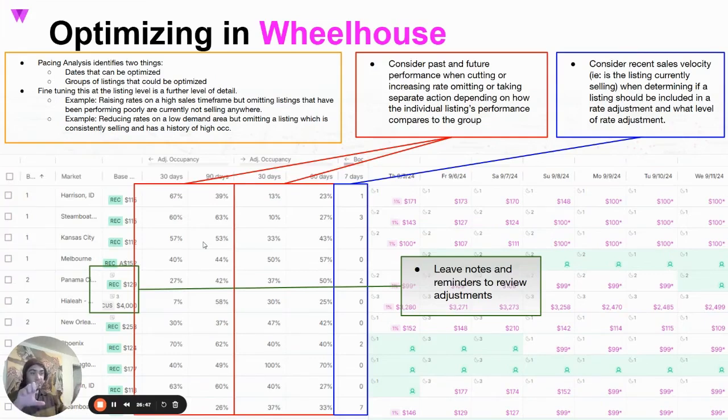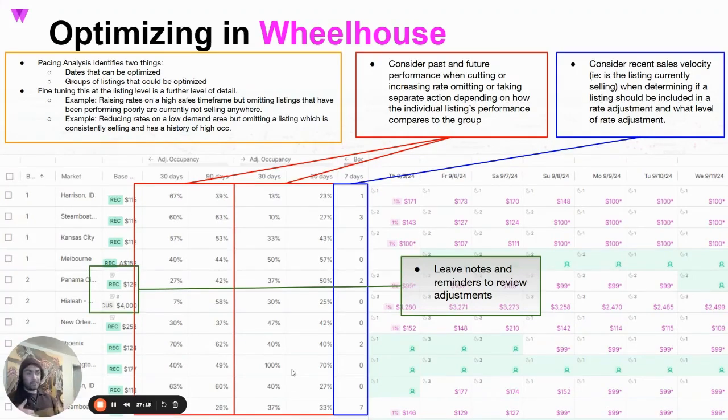From the pacing analysis, my decision is I'm going to raise October by 10 or 15%. Well, when I sort by my sales volume, I might find that, hey, there's 1, 2, 3, 4 listings that even though the whole group is doing well, they haven't sold anything. And of those, I can correlate, this one's kind of low occupancy. These 2 are very low occupancy. Maybe I'm going to exempt them from the rate raise because they're not doing as well, even though the whole group is doing well.